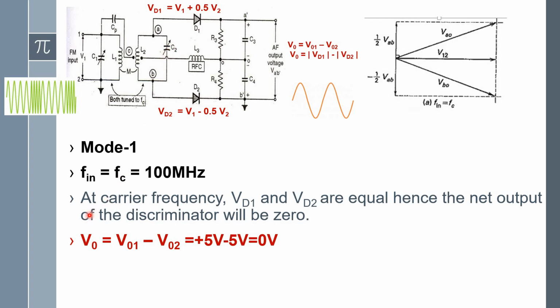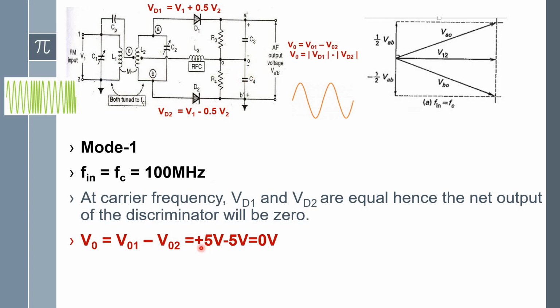So now at the carrier frequency, VD1 and VD2 are equal. Both the potentials across diode D1 and D2 are equal. Hence the net output of the discriminator will be 0. If the potential across D1 and D2 is equal, then corresponding to slope detector 1, based on the input signal, the net outputs V01 and V02 are both equal.